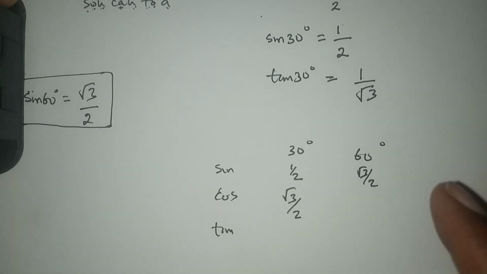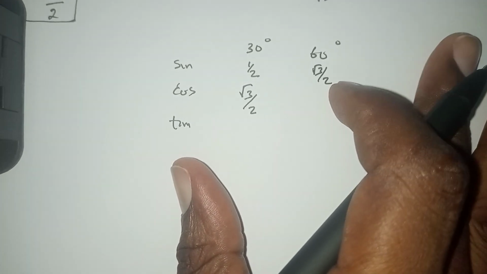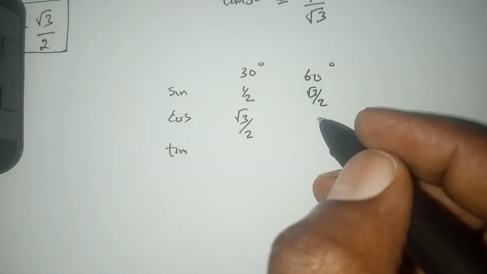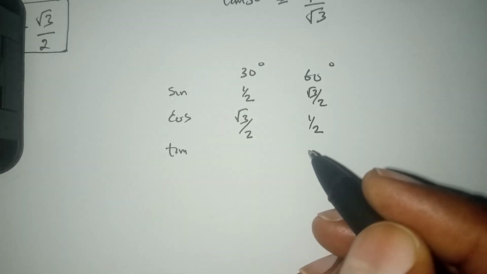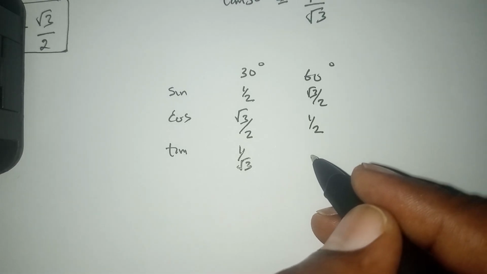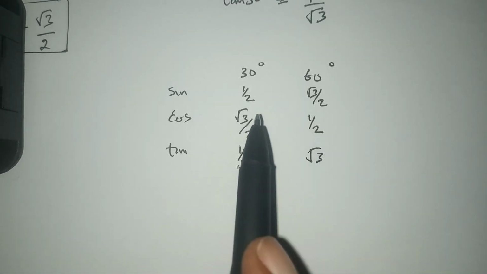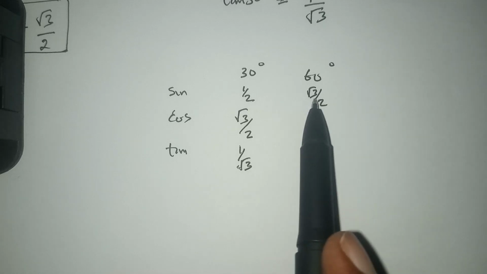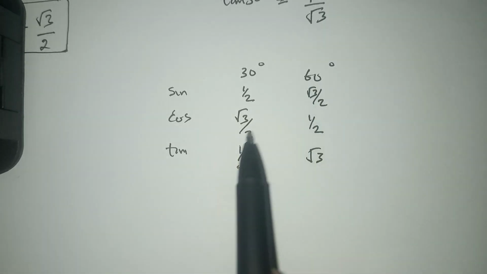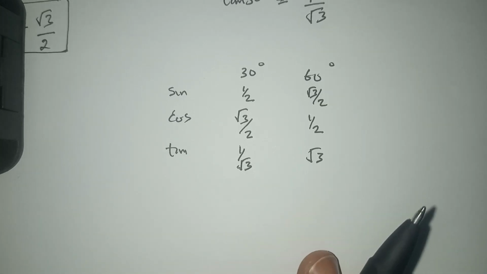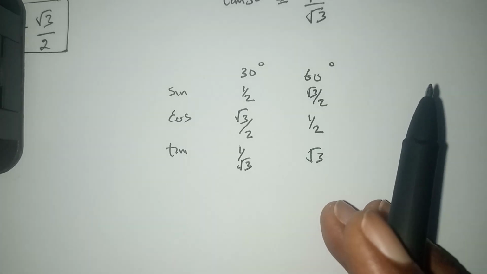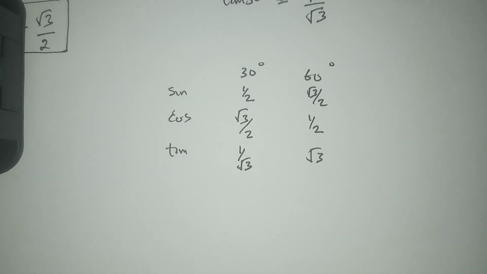Cos 60 is 1 over 2. What is tan 30? 1 over root 3. What of tan 60? Root 3. You can see that sine 60 and cos 30 are the same. Those are the tips for knowing special angles without your calculator.